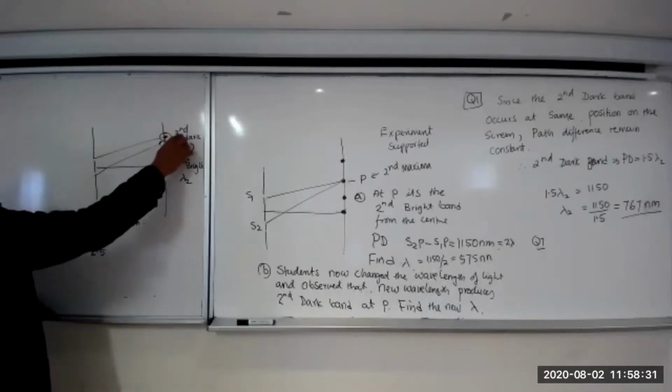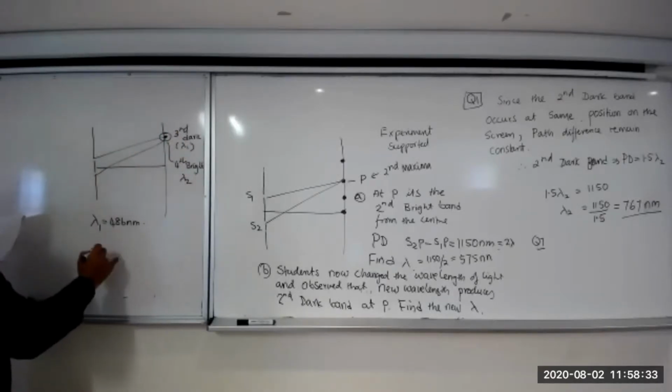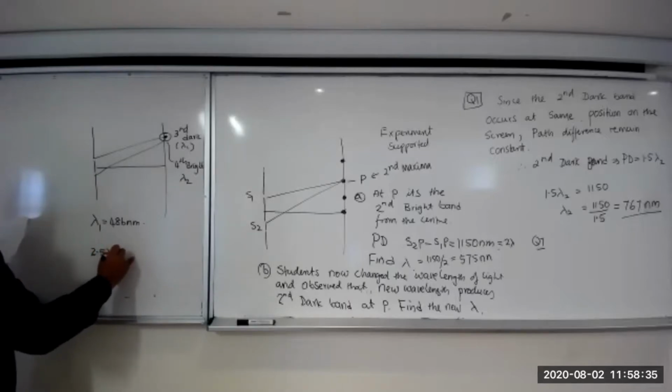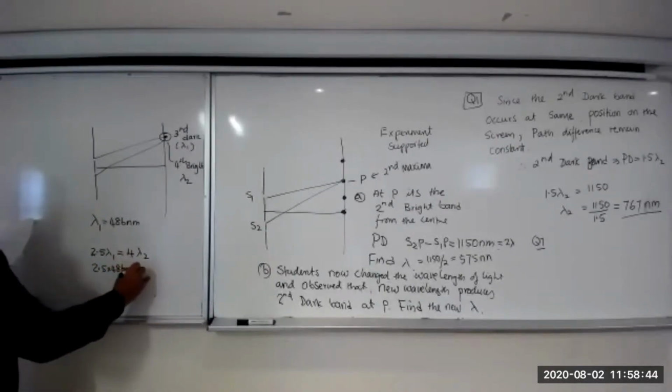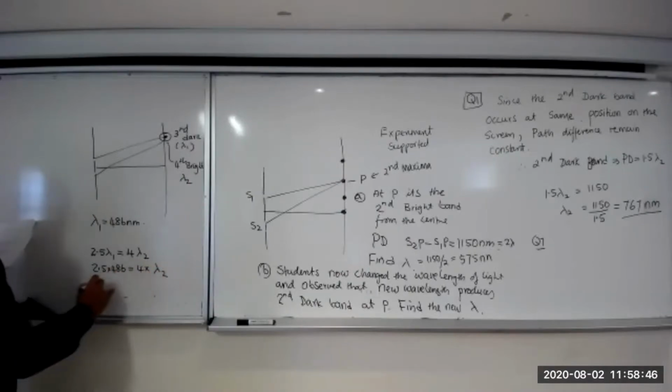Hey guys, when you say third dark, it's always 0.5 less. 2.5 lambda 1 is equal to fourth bright, lambda 2. And solve for lambda 2.